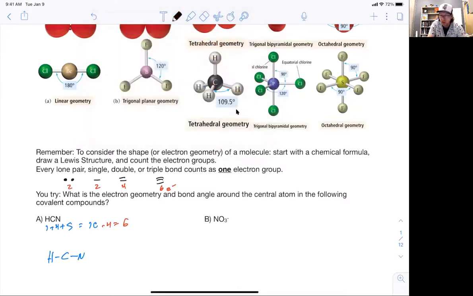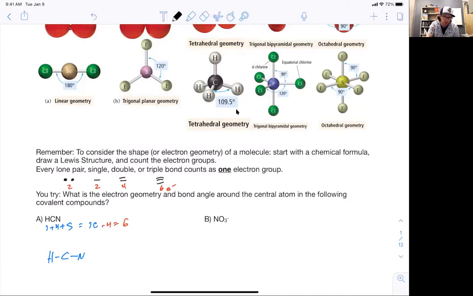Now we're going to start putting these extra electrons as lone pairs on the terminal atoms first. You don't put them on the central atom until all the outside atoms are satisfied. Remember, hydrogen is the first row nonmetal, and it only needs 2 electrons to fill up that first shell to get up to 1s2.